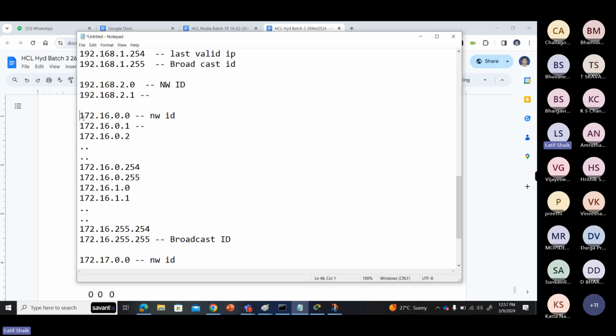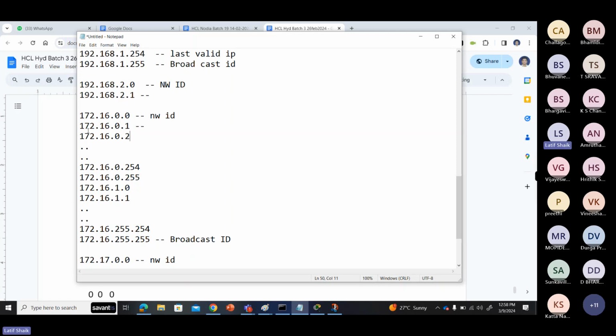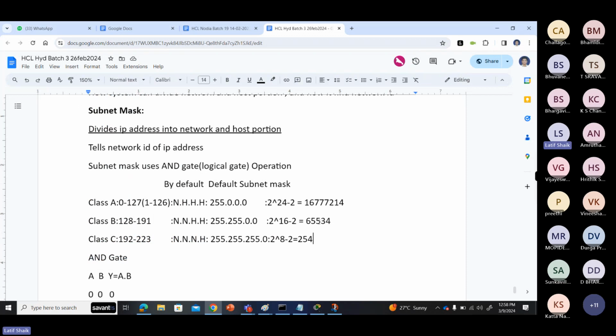So this is entirely one single network. How many hosts? You take a PC, first one, second one, third one, and keep on assigning up to here. So the number of hosts is 65,534 computers that can be given an IP address in a single logical network.